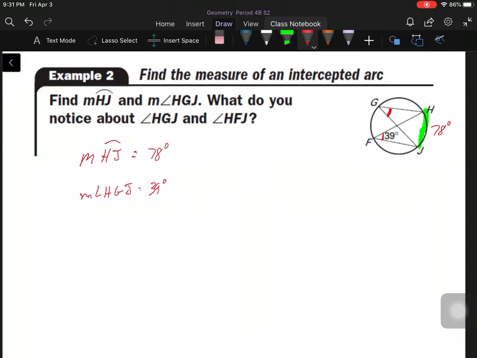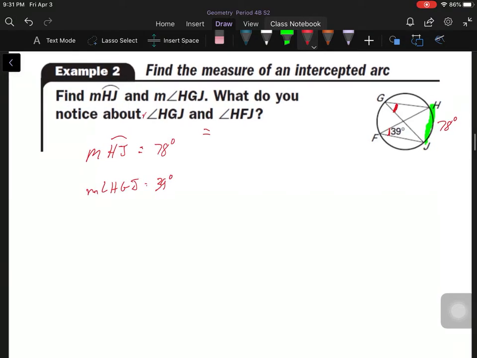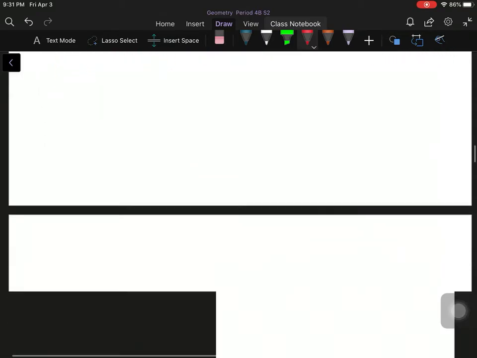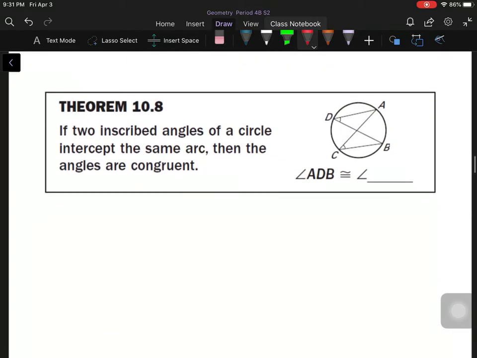And then it says, what do you notice about HGJ and HFJ? Well, those are equal. Or in this case, because it's saying angle, technically that's congruent. They should put the measure in front of those. But those measures are equal because they have the same intercepted arc. So that's a property that you want to look for.